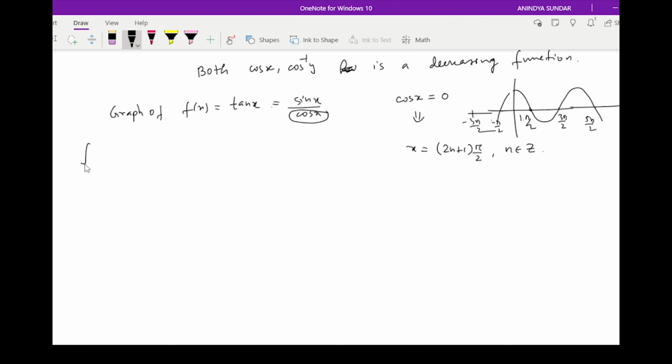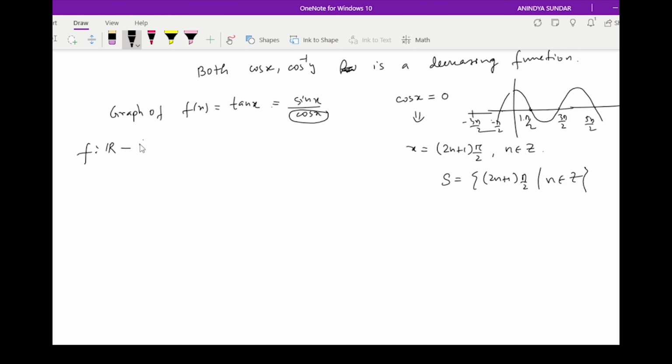So now, what is the domain? How should I set the domain? My domain should be R minus this particular set. I am defining this set, say S equal to {(2n+1)π/2 such that n belongs to Z}.